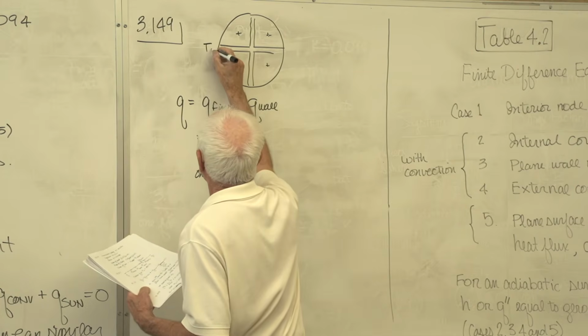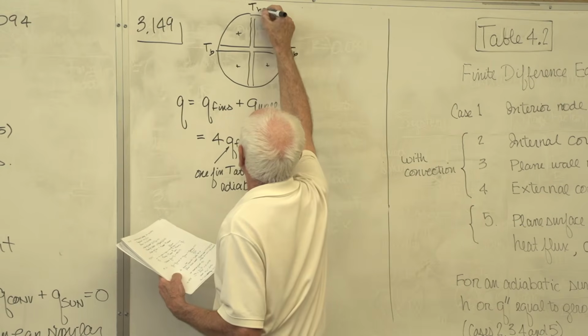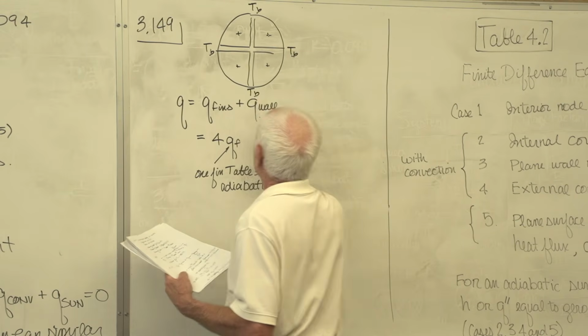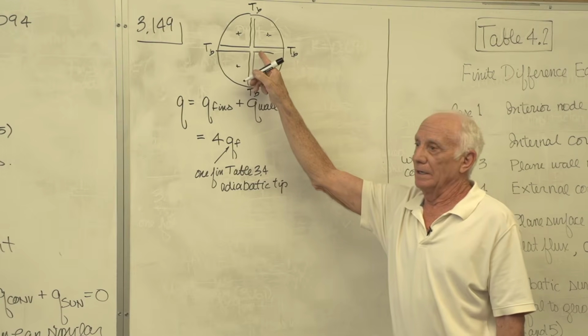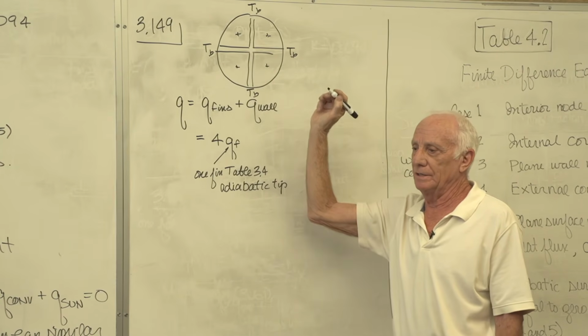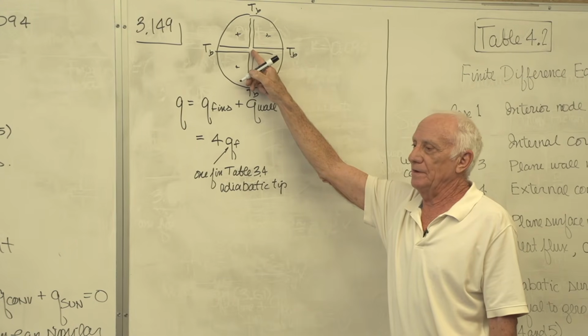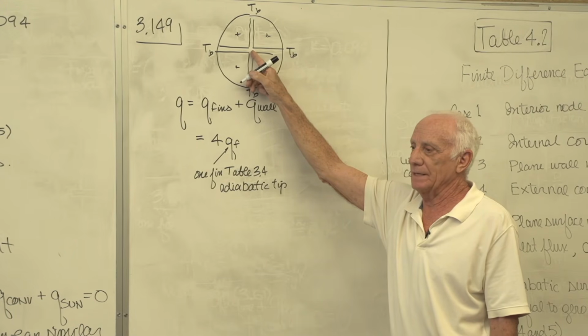This is T base. T base, T base, T base. In the middle, no heat crosses horizontally, no heat goes up and down vertically. Conclusion, at this point, these fins behave as if they have an adiabatic tip.